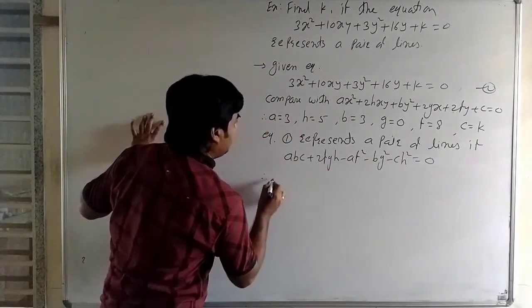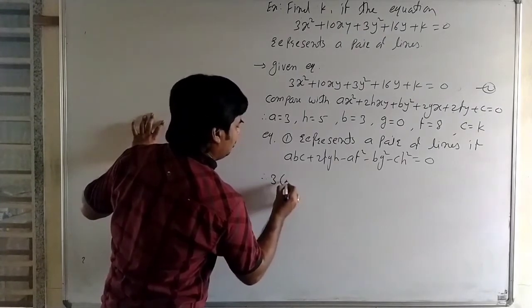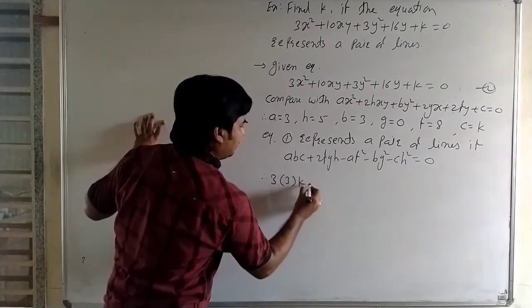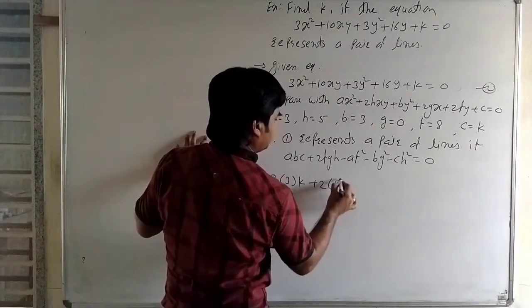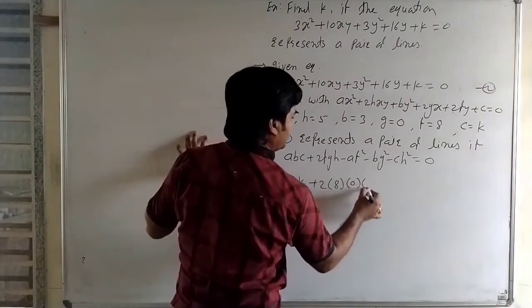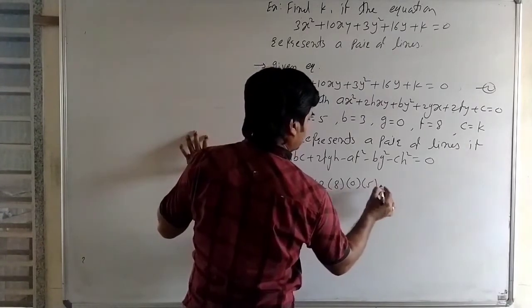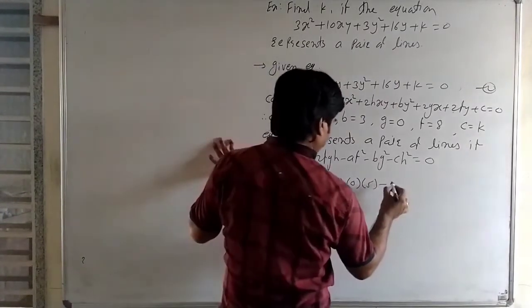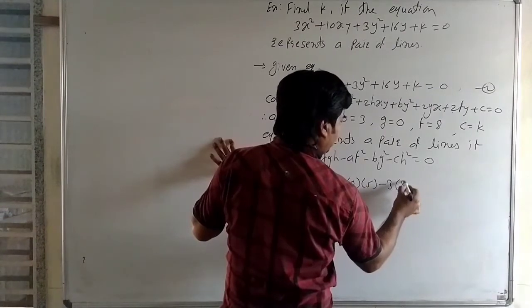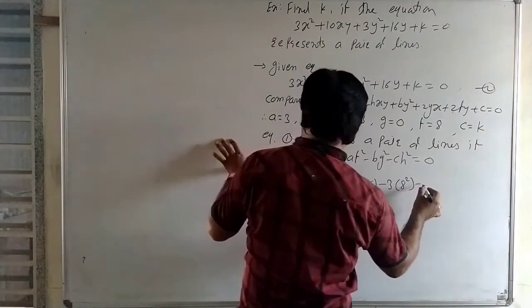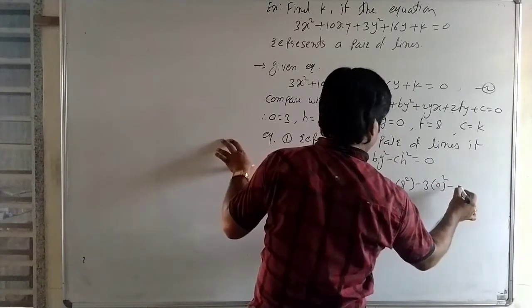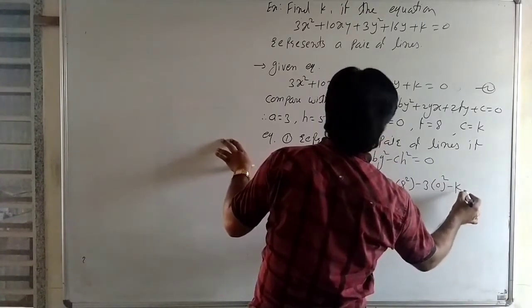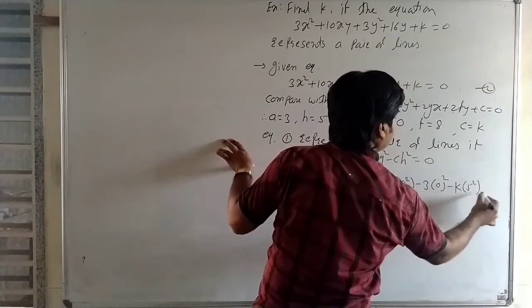Therefore, put the values ABC 3 into 3 into K plus 2F, F it is 8, G it is 0 and H is equal to 5 minus AF square 3 into 8 square minus BG square 3 into 0 square minus CH square K into 5 square is equal to 0.